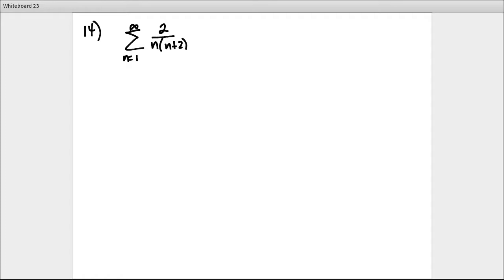Because if you have 1 over n minus 1 over n plus 2, common denominator, your n's end up canceling. So you end up with 2 over that guy.